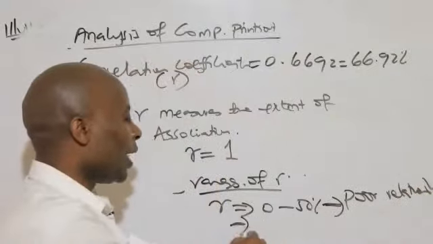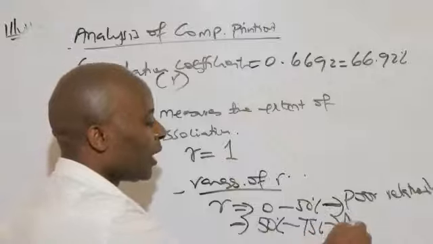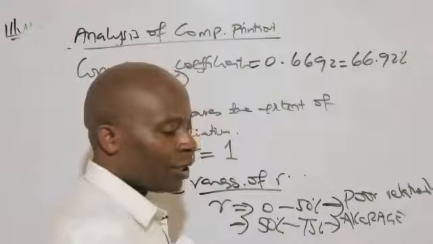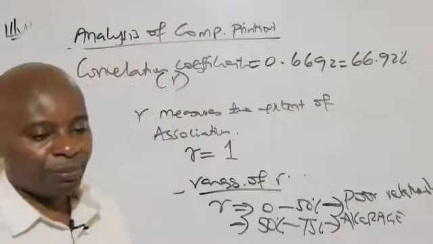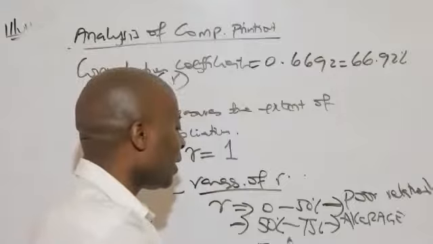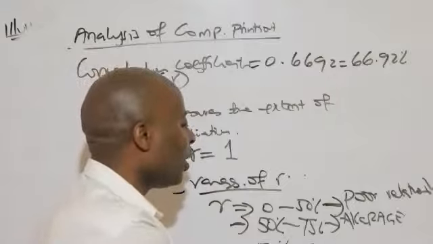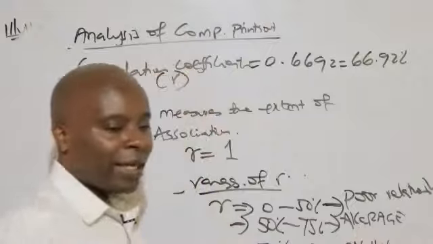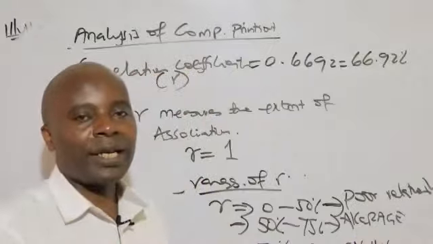Whenever our R falls between 50% all the way up to but less than 75%, this is basically an average relationship. And ladies and gentlemen, anything that is more than 75%, all the way up to 100%, indicates what here? Excellence. So this will automatically be an excellent relationship.